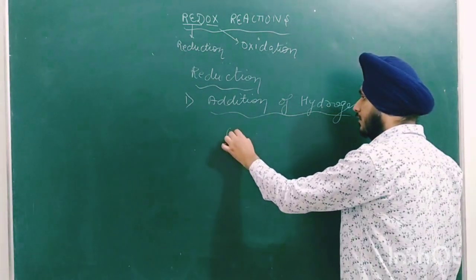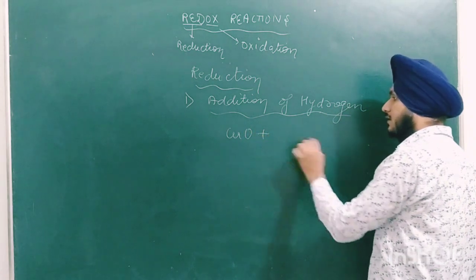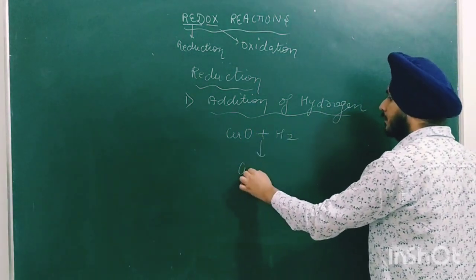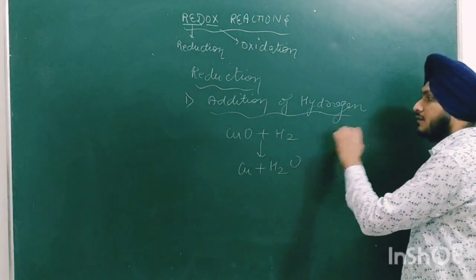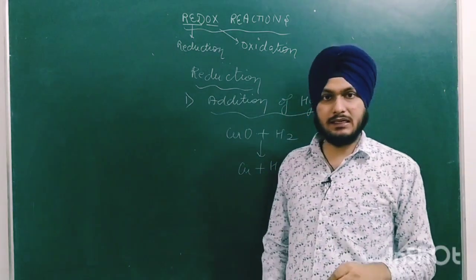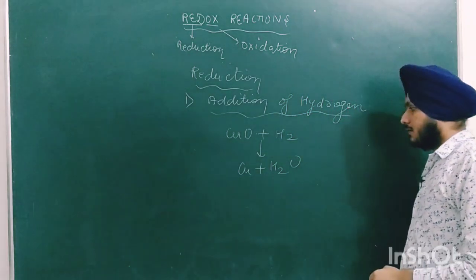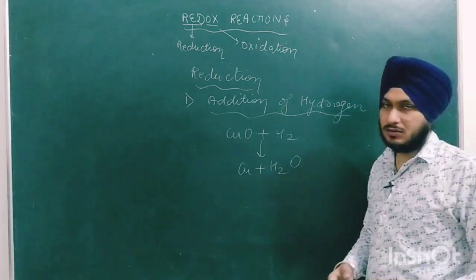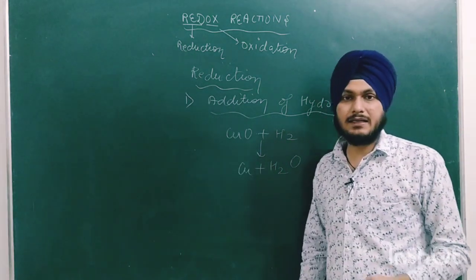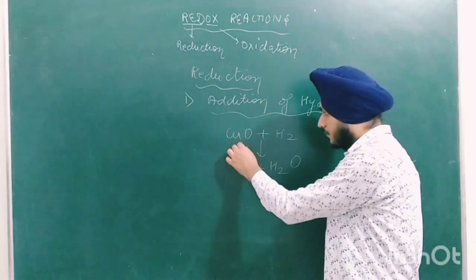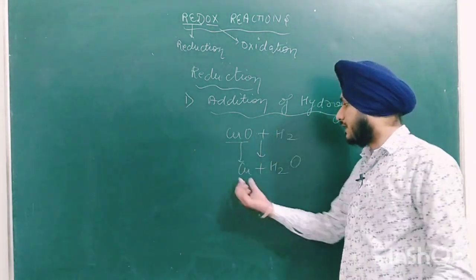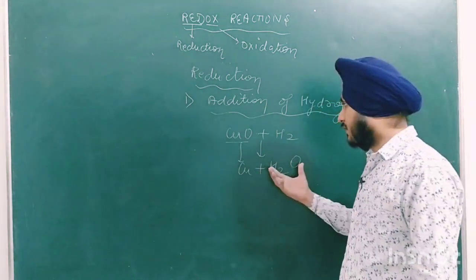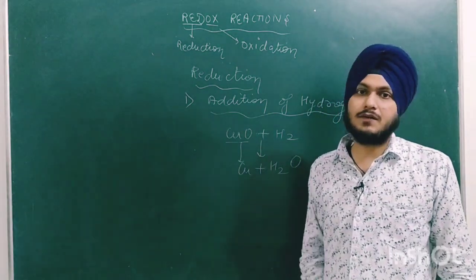For example, if we have cupric oxide, CuO, and we react it with hydrogen, we get copper plus H2O. This is reduction, because we are adding H2. We can also take this example for removal of oxygen, because copper oxide gets converted into copper and removal of oxygen takes place.